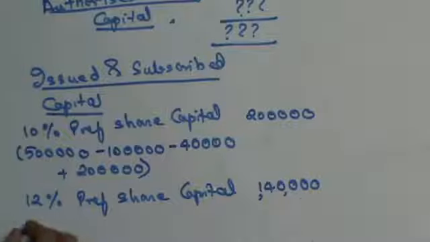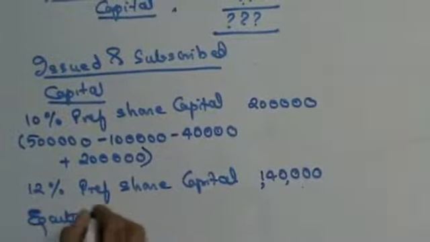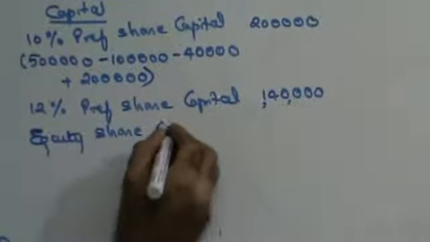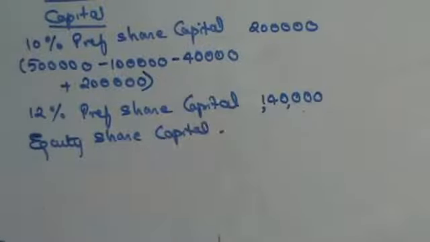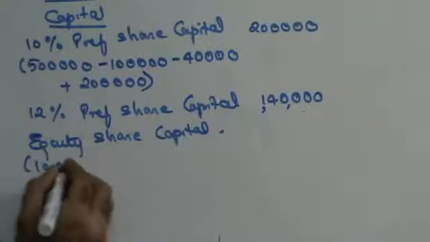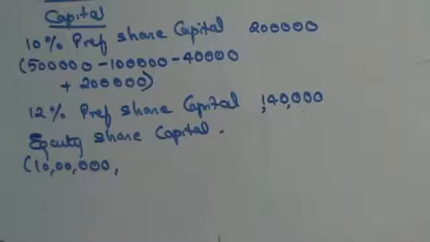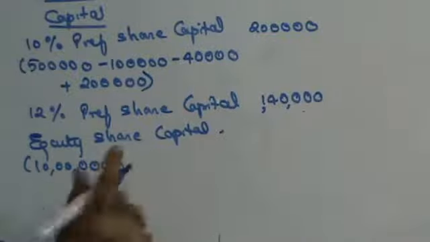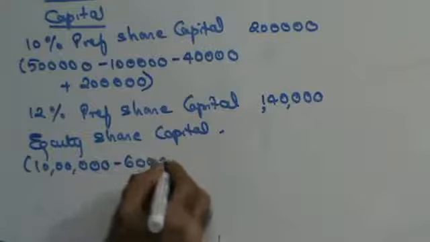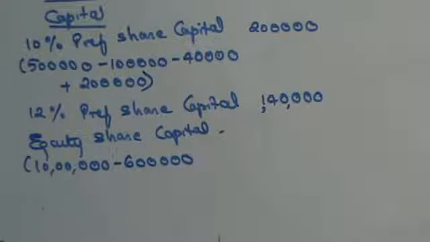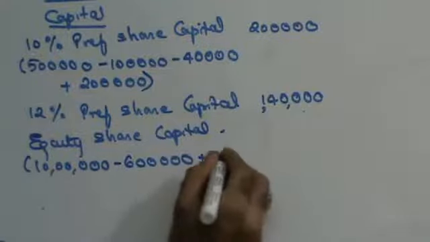Then you have equity share capital. Now, as per balance sheet, your equity share capital should be 10 lakhs. Right? On the debit side, 6 lakhs, so you subtract 6 lakhs. Then you have equity share capital on the credit side, 2 lakhs. Add 2 lakhs.